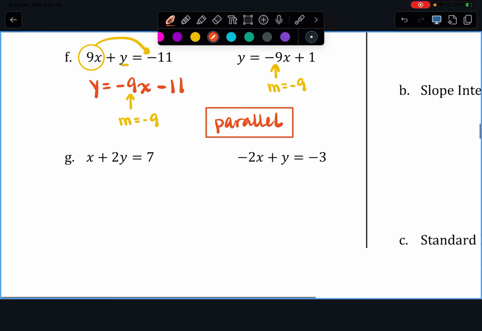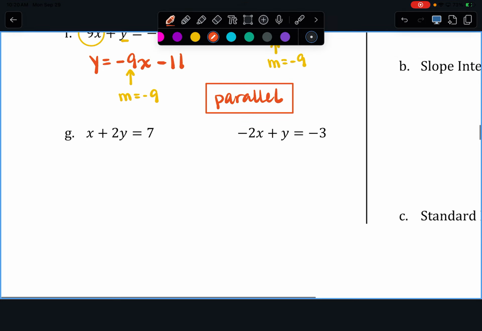All right, and lastly, it looks like both of these are in standard form, so we're going to have to do a little bit of work, right? It's the same 2 steps every time, right? So you pick up the x, you move it to the other side. That's going to give me 2y equals -x plus 7. And then, of course, we're not done because the y isn't by itself yet.